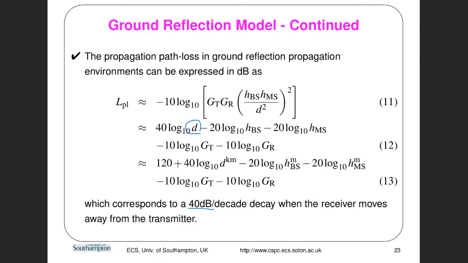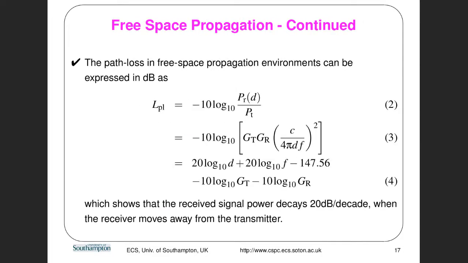Not sure if you remember for the previous path loss, free space path loss, we have this element here that determines that when you move away for 10 meters, there's 20 dB path loss. So free space path loss propagation model is very optimistic. It only considers line of sight. So it tells you that if you move away from the transmitter for 10 meters, you get 20 dB power loss.